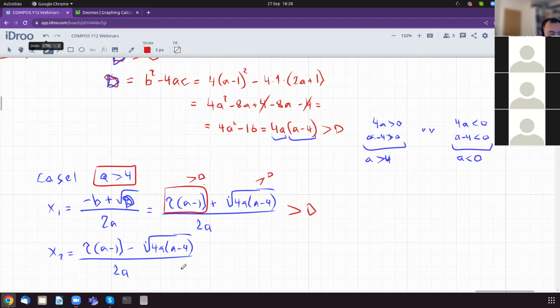Now this one is greater than 0, this is greater than 0, and this is greater than 0. So we need that 2a minus 1 has to be greater than the square root of 4a minus 4. So in order for this number to be positive, this has to be true.